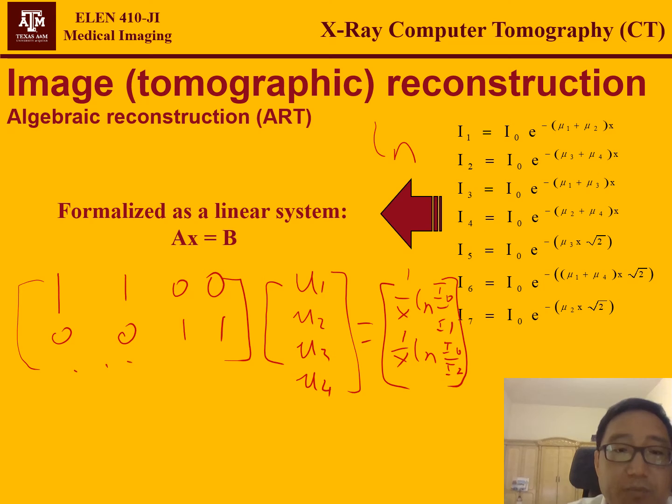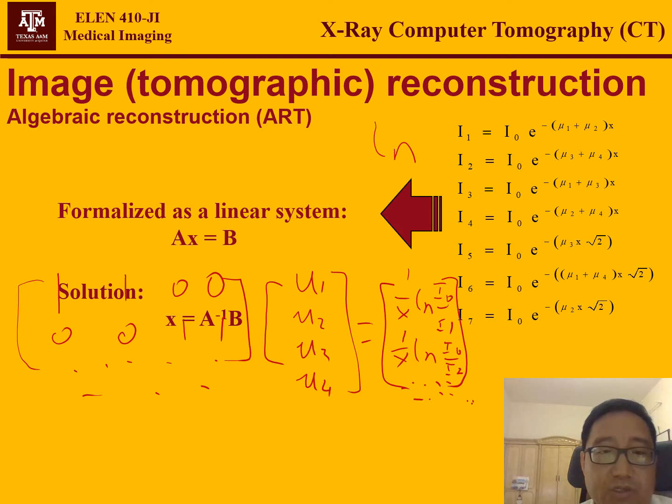You can keep doing all the other equations. As long as you have more than 4 equations and they're linearly independent, then you can solve these equations by doing a matrix inversion.